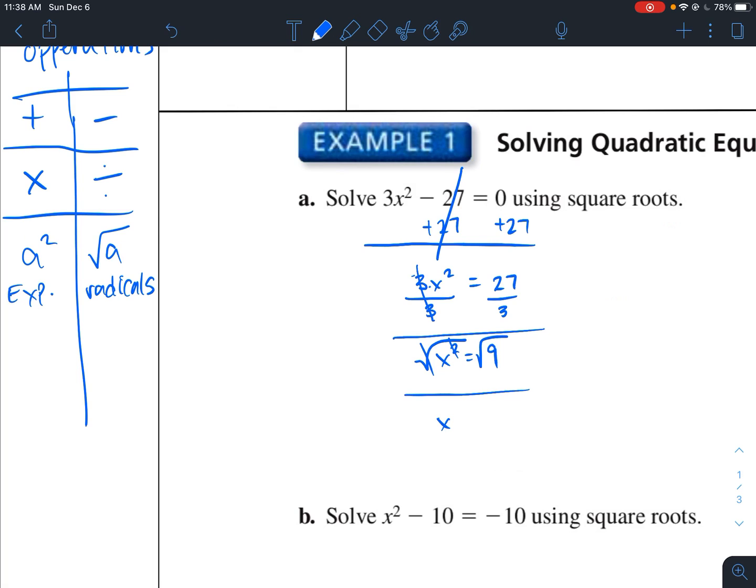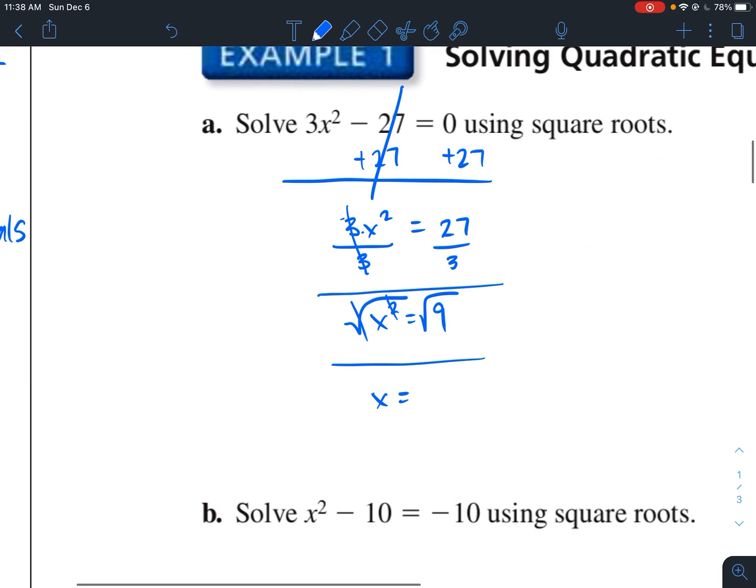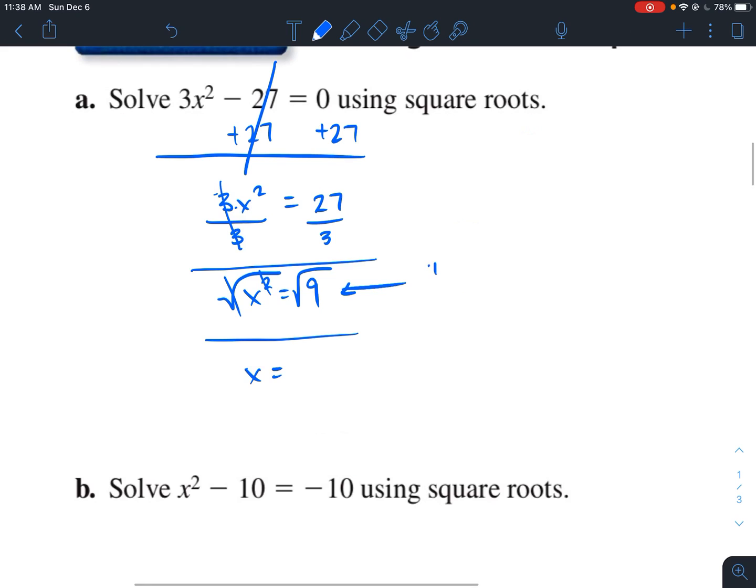So x is equal to the square root of 9, which we know to be 3. So x is equal to 3, except not quite. So again, when we take the square root of 9, we're looking for two numbers multiplied by itself.